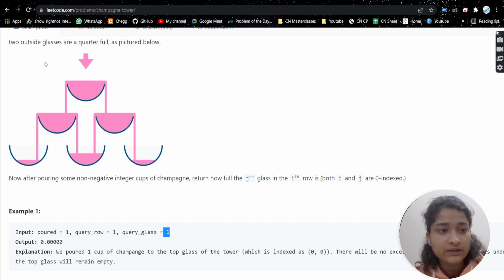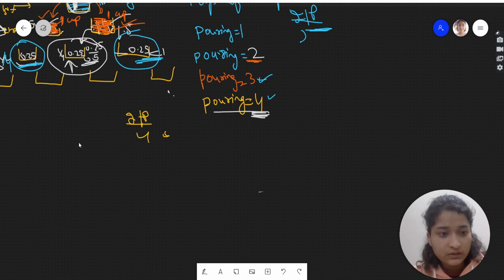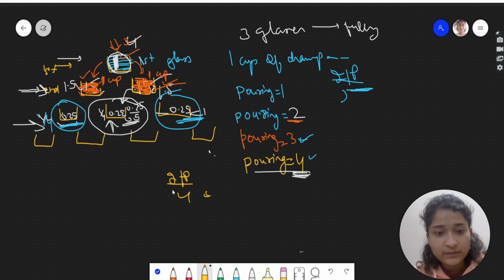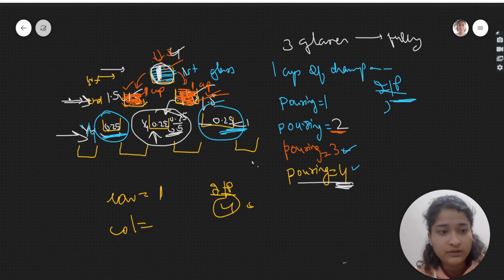That is this one, 0. This will be the 0th column, and this will be the first column. Fine. So see, what will be the case? If 4 cups are being poured, then in the first row and first column, that will be this one.